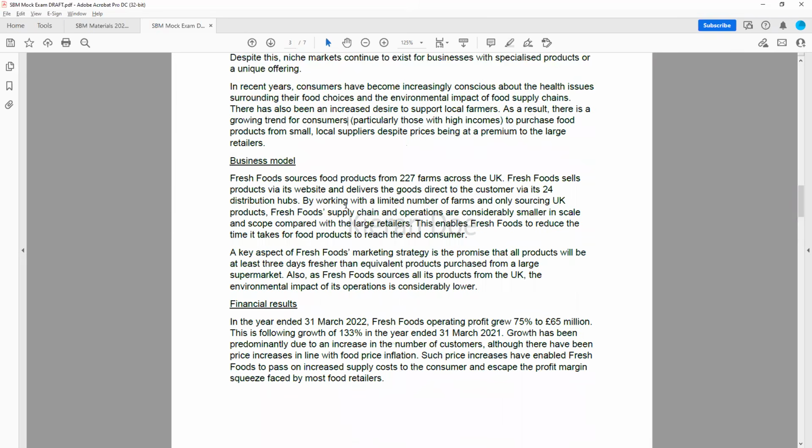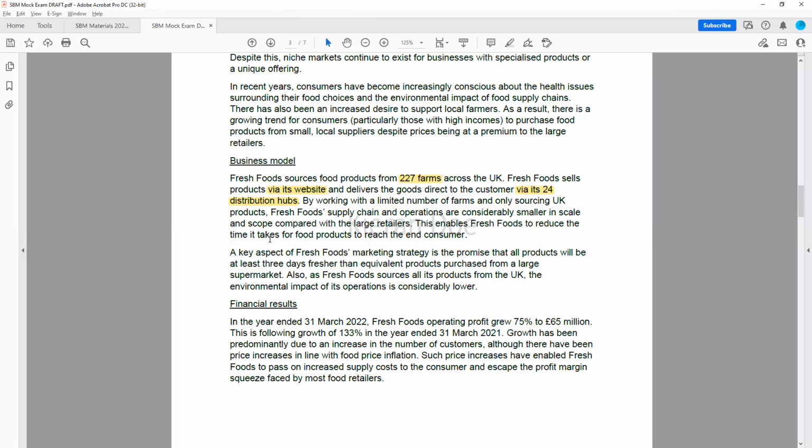So business model. Fresh Foods sources products from 227 farms across the UK. Fresh Foods sells products via its website and delivers the goods direct to the customer via its 24 distribution hubs. So maybe some key figures there, which might be relevant.